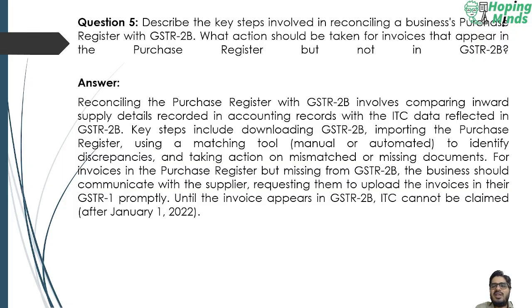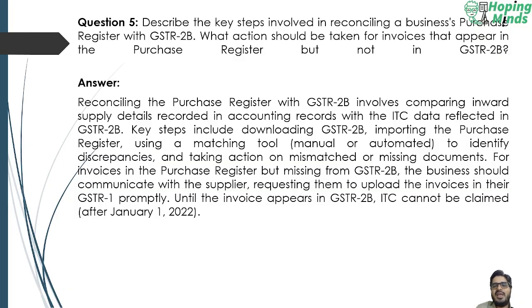Once the differences are observed, action is required to be taken on such differences. If the taxpayer is not using any third-party software or any utility, then Excel is sufficient to reconcile the data by using formulas like VLOOKUP and HLOOKUP.